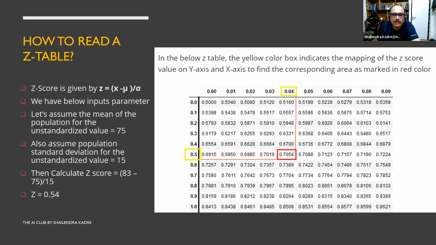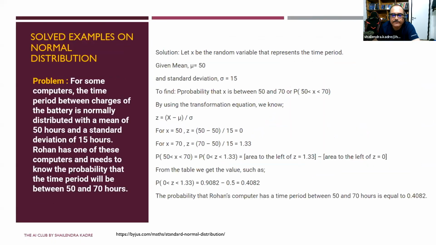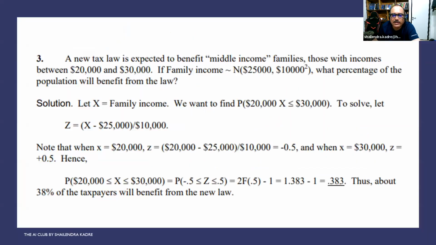So the normal distribution is represented in a professional way. Here mu is 25,000 and sigma is 10,000. That's how you have to read it: N(25,000, 10,000) means mu is 25,000 and sigma is 10,000. Ignore that square, I think it's a mistake.